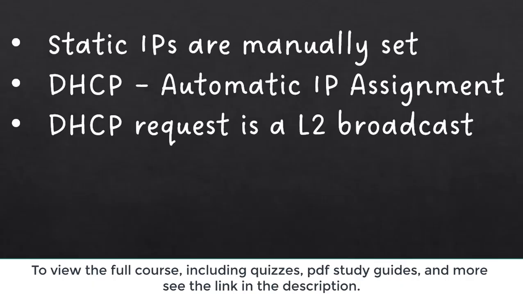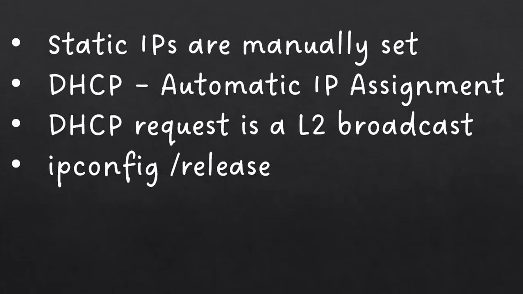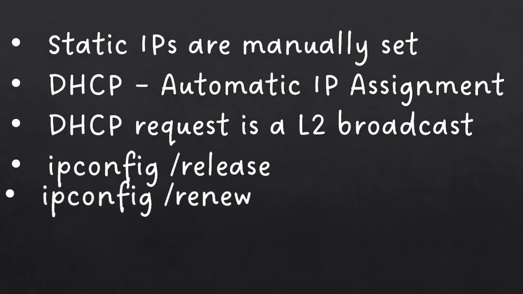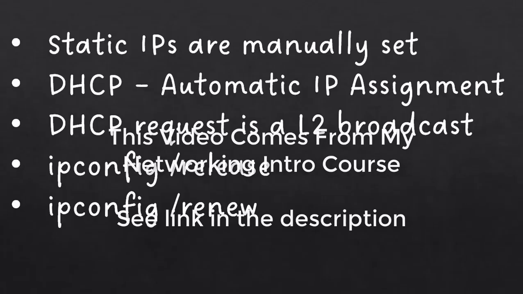And that request is a layer 2 broadcast. We learned how in Windows we can use the ipconfig /release command to release the DHCP assigned IP address that my computer might have, and how I can use the ipconfig /renew command to renew or get a new DHCP IP address.